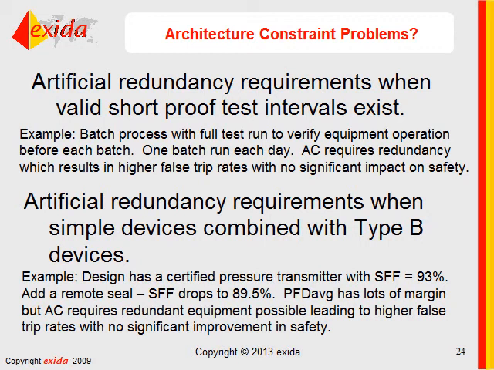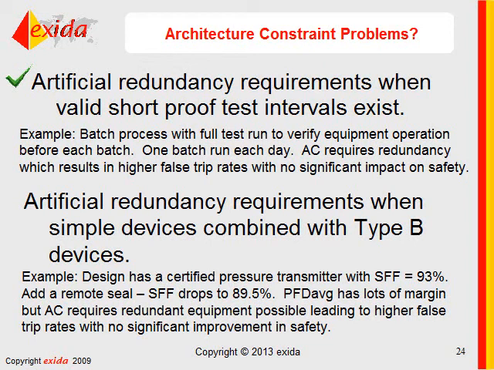Are there any issues with architecture constraints? Well, they have caused some problems. Artificial redundancy requirements do exist when short proof test intervals are valid. Once we were verifying a batch process where there was a full set of tests automatically performed at the beginning of each batch.